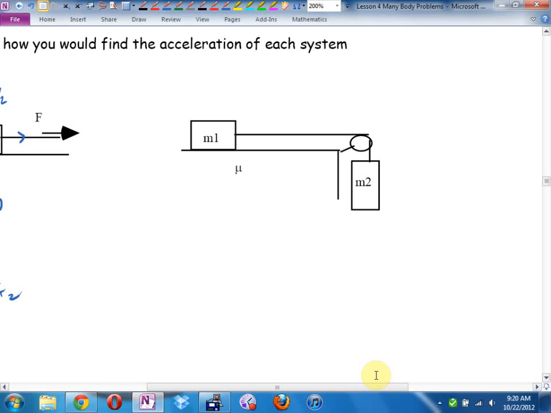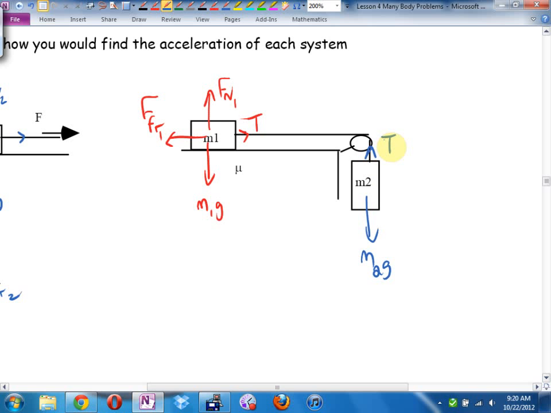Here, kind of the same idea. Here we would have our usual bag of tricks: M1G, normal force number 1, tension, friction. Here we would have M2G and tension.